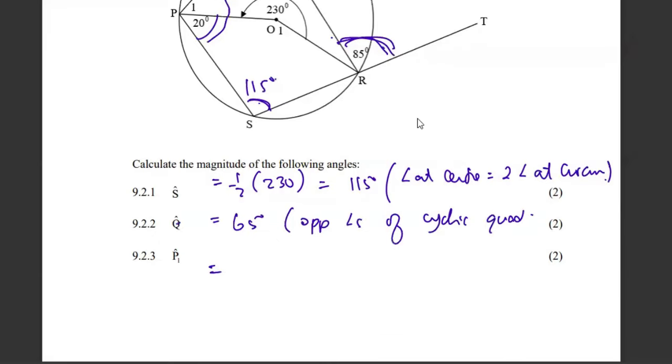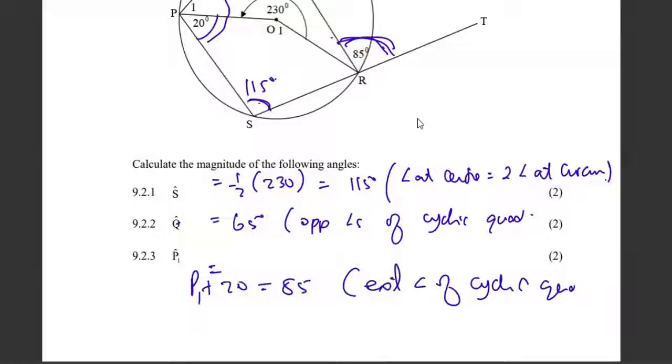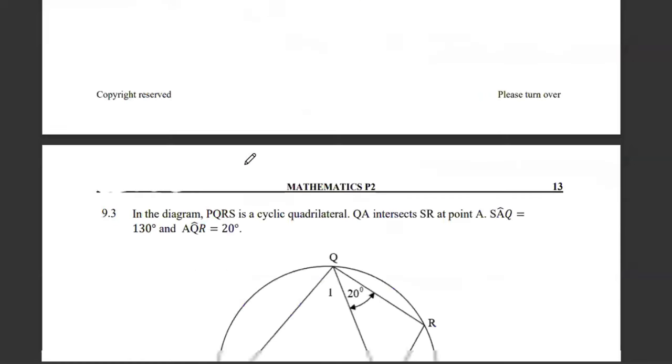So I would say that P1 plus 20 should give us 85, exterior angle of a cyclic quad. Then let's move the 20 that side, meaning that P1 should be 65. Okay, so that becomes 9.2.3. We move on to 9.3.